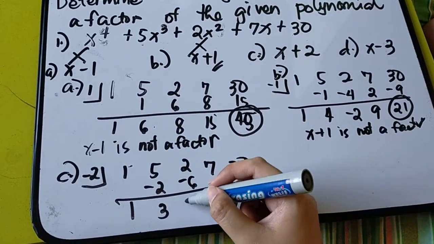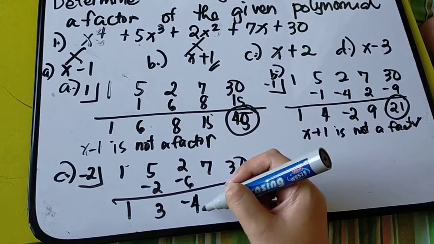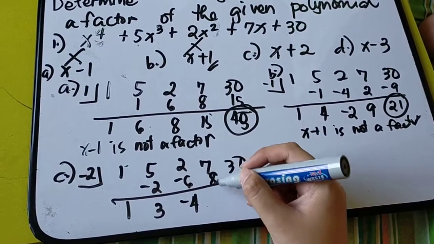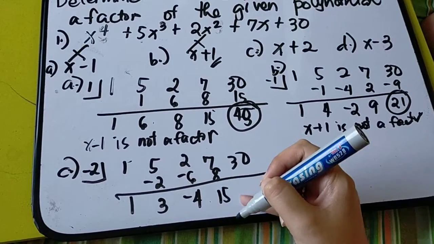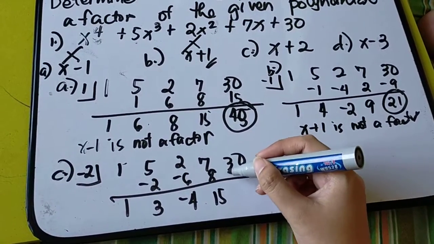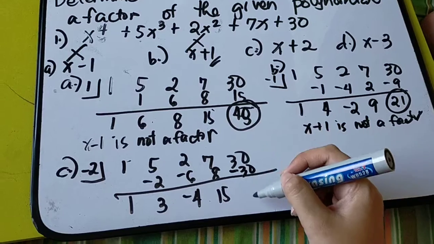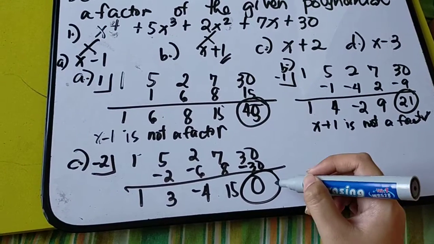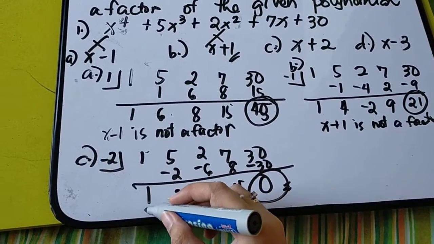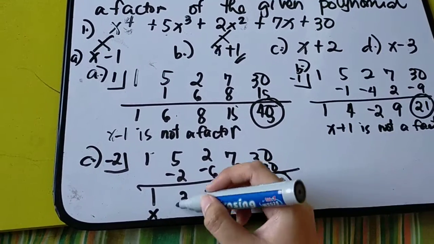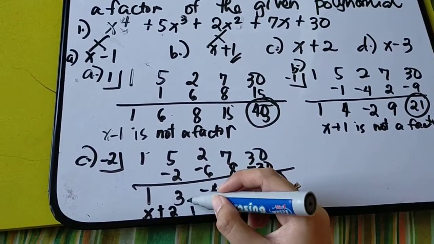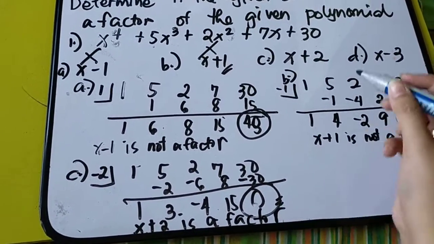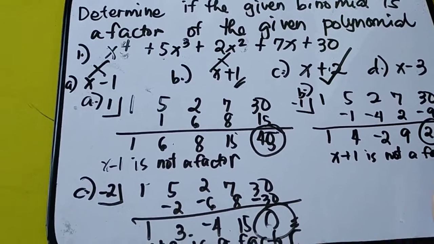Add mo to, that is negative 4. Negative 4 times negative 2, that is positive 8. This one is 15. 15 times negative 2, the answer is negative 30. 30 minus 30, we have 0. Okay. So, therefore, since 0 yung iyong remainder, therefore, si x plus 2 is a factor. Okay? So, ito ay check.